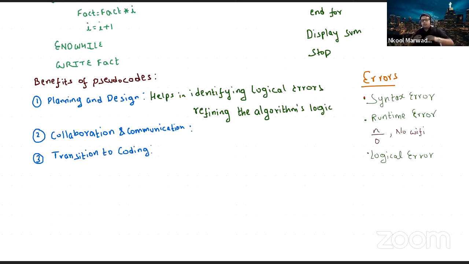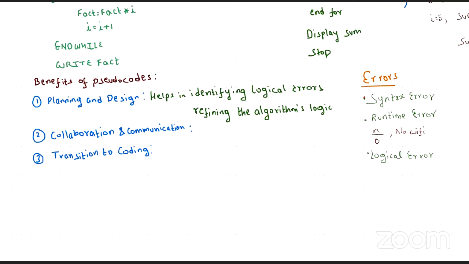Once we have a finalized pseudocode, implementing the pseudocode into an actual program is easy. If I have a pseudocode, I can implement it in any language I want. I can implement it in JavaScript, Java, C, C++, Python, Go, any language I want.